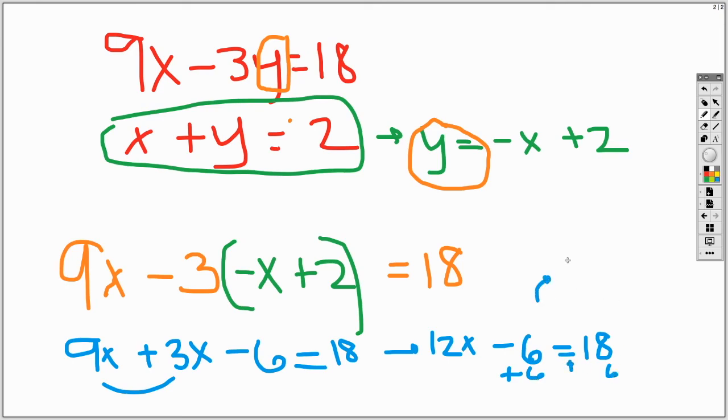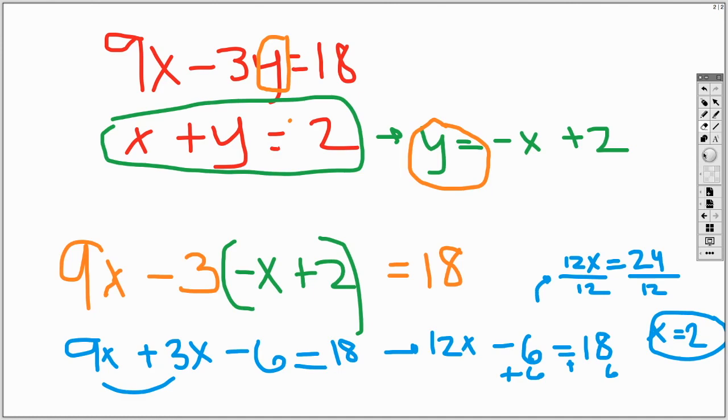You'd get 12x equals 24, divided out, and you would get x equals 2. And then we substitute it in. So this would be 2 plus blank equals 2. This is already 2, so it already equals out, and I would guess that y is 0.